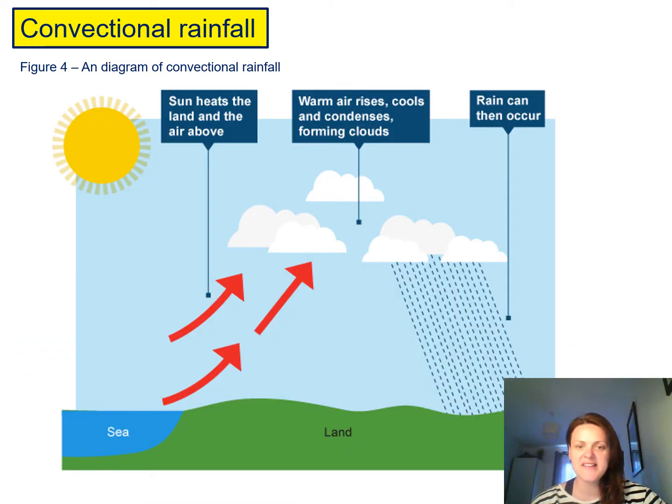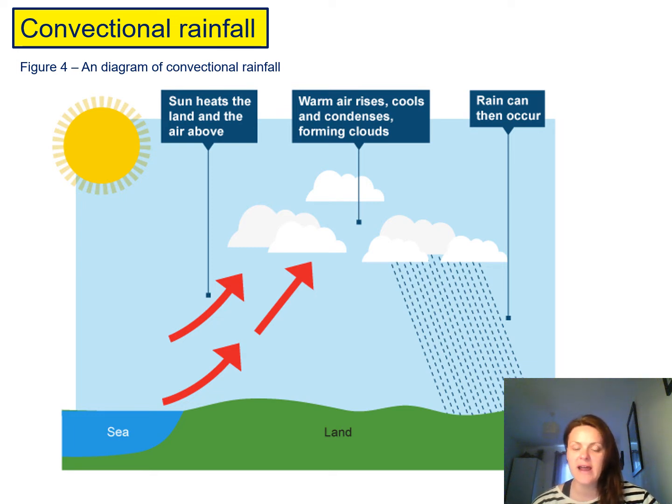So, what are some reasons that we have such a lot of rain in the UK and different amounts of rain depending on location? Well, there are 3 types of rainfall that we need to know. First one is convectional rainfall. We looked at this when we learnt about the rainforest in our last unit of work.